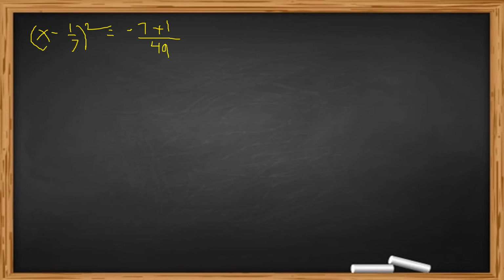Okay, now, so we have to simplify the addition of fractions here on the right side of the equation. So, i-rewrite ko lang itong nasa kaliwa, square equals negative 7 plus 1. So, that's negative 6 over 49. So, parang mag-solve tayo ng square root ng isang negative na number.